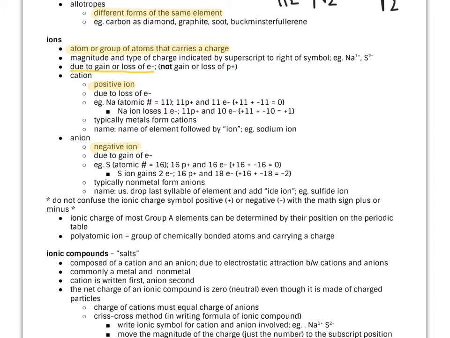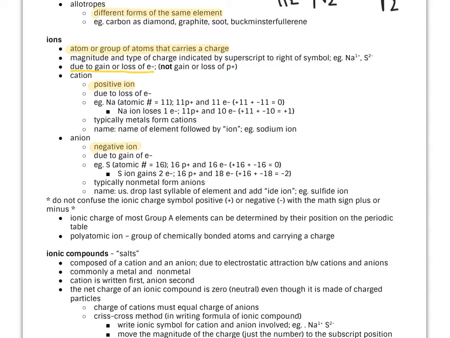So now that you have your handy dandy periodic table in front of you, group 1, so hydrogen, lithium, sodium, potassium, rubidium, cesium, and francium, those are going to have a +1 charge.